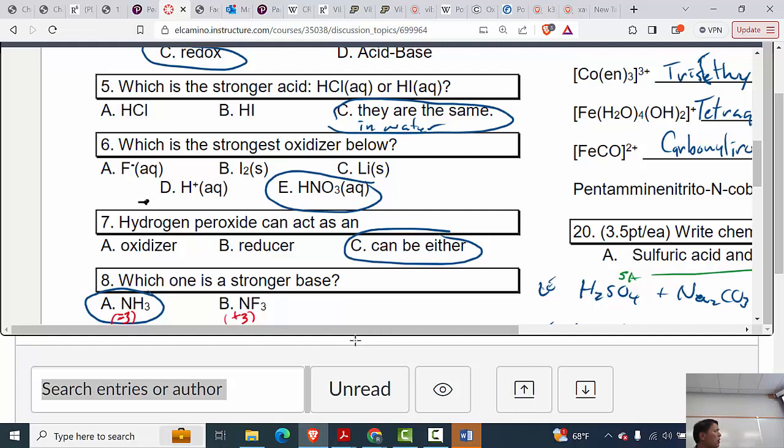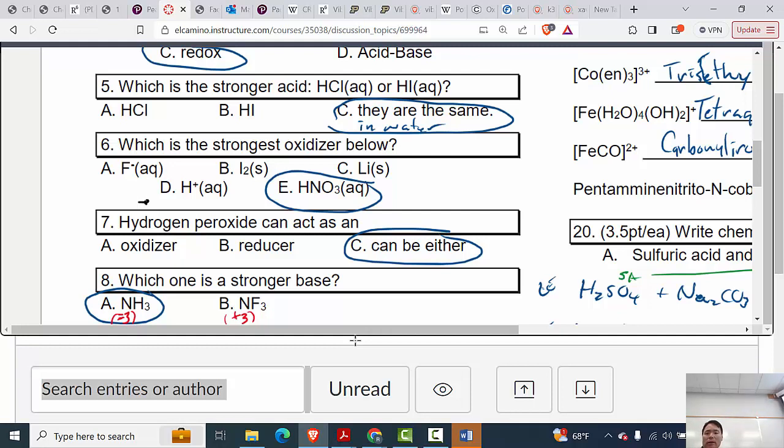Number 7, hydrogen peroxide can act as an oxidizer, reducer, or both. Both. How did you determine this? There are 2 ways to determine this. One is look it up in the chart. Hydrogen peroxide occurs on the oxidizer side and it occurs on the reducer side.